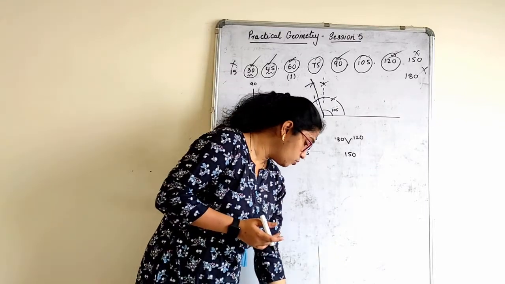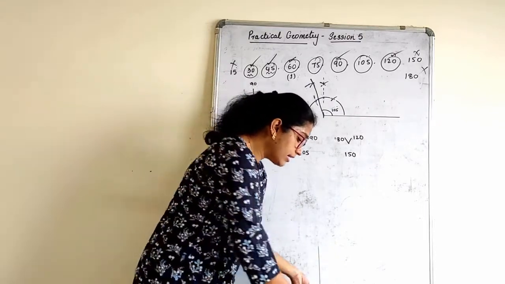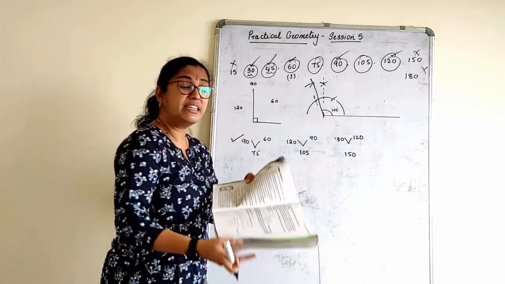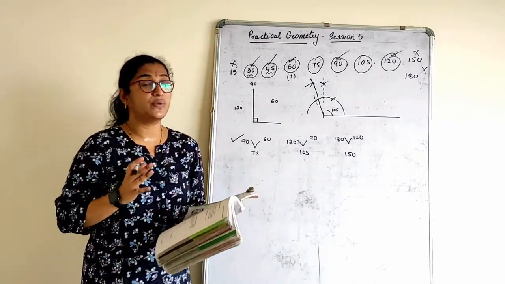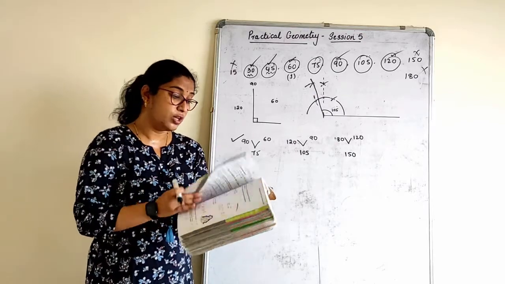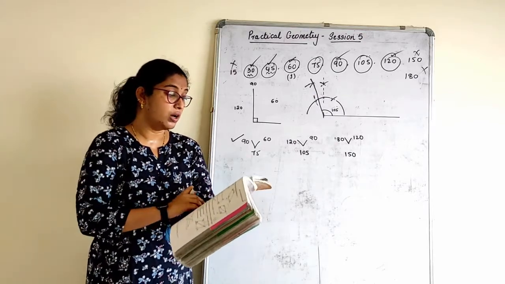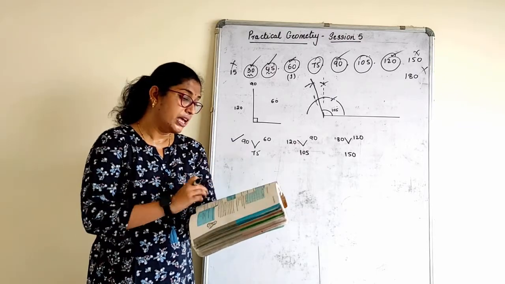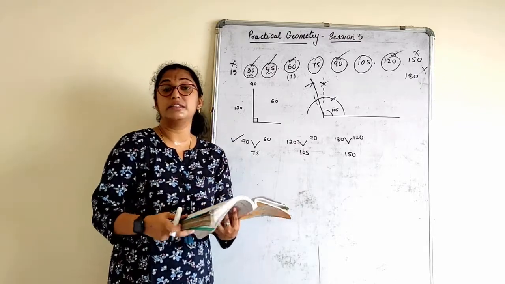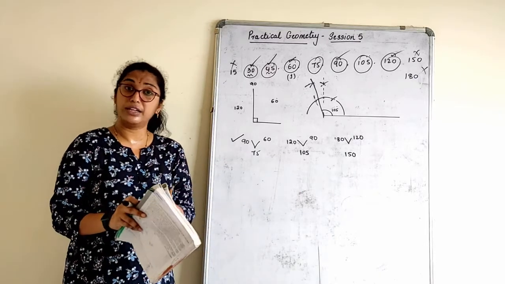Now let's see just one or two constructions to construct even in the particular sum. Because when we talk about your angle construction, that's very easy. When it comes in the actual construction, there you should know how to construct it. And one more most important thing is you need to also write the steps of construction here.